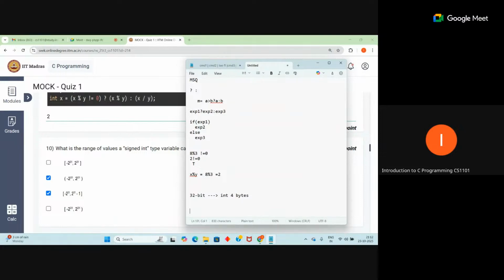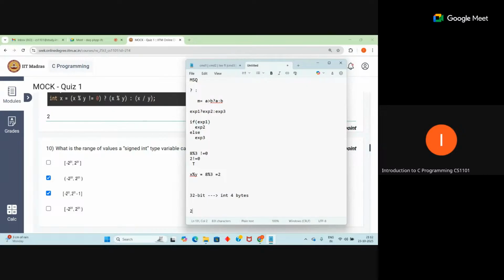So out of 32 bits, when you want to represent both positive and negative, 1 bit is used for sign. So the data is represented using only the remaining 31 bits.